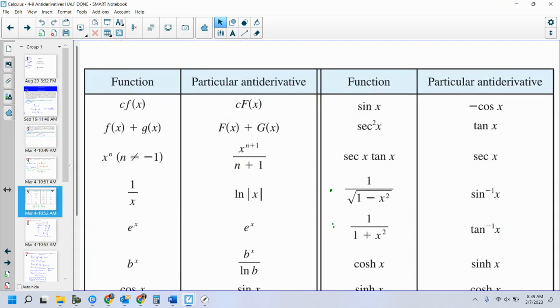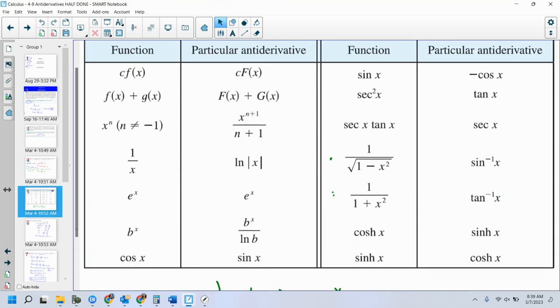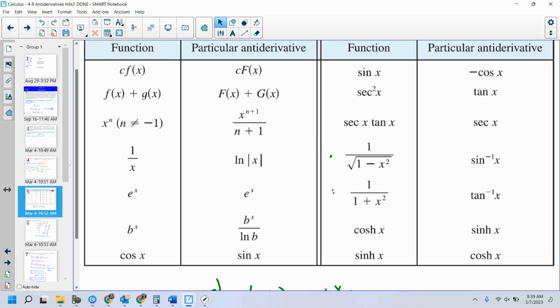And the rule that we came up with was, you add 1 to the power. Instead of kicking down the power, you kick up the power. You raise the power by 1, and then you divide by that n plus 1 as well. That's where we got the rule: the antiderivative of x squared would be x to the 3rd over 3. The antiderivative of x to the 10th would be x to the 11th over 11, right?